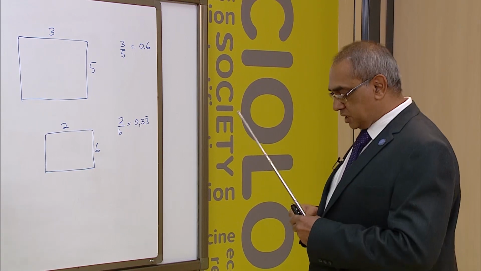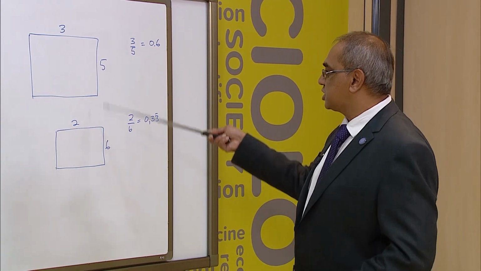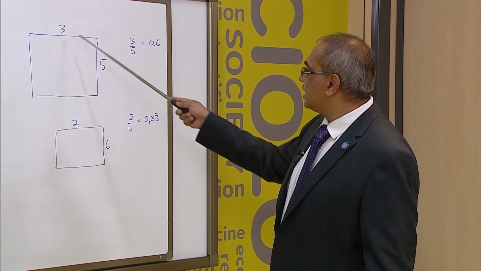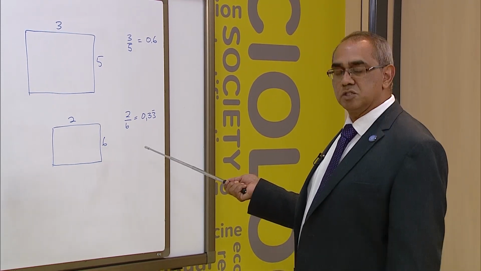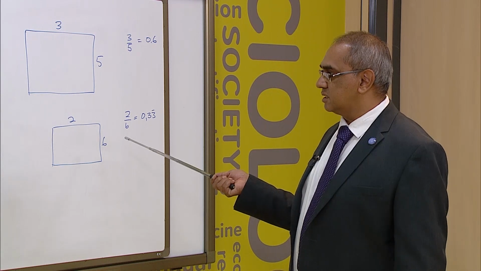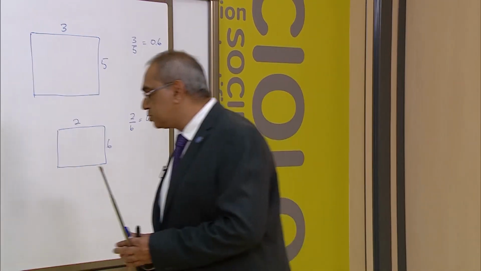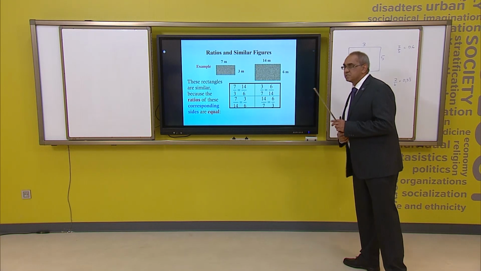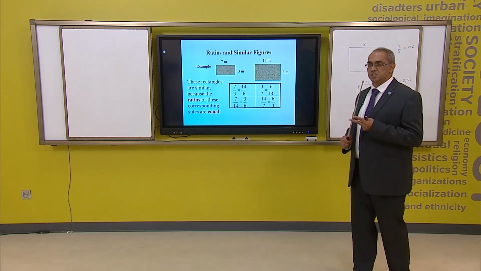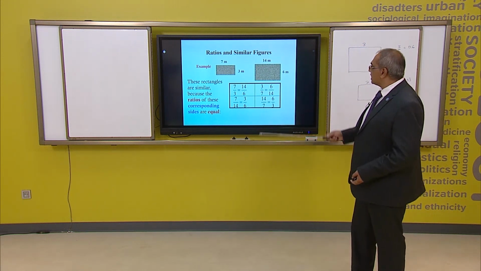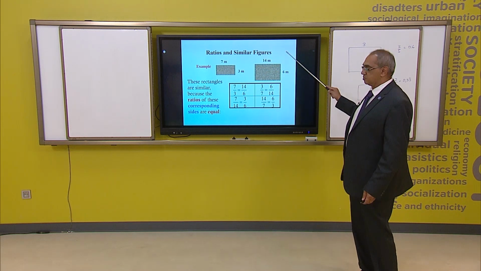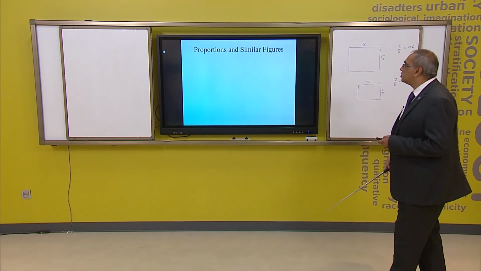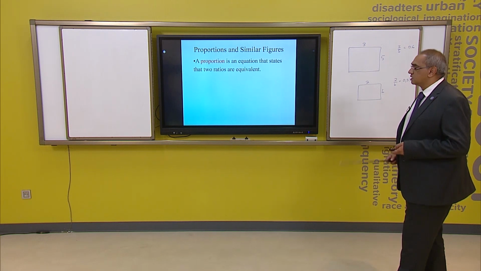So although they look similar, they have the same shape and the same angles, the ratios are not equal, which means these are not similar objects. All right? So for similar objects to have any meaning, two conditions. The shape and the angles must be the same, and the ratios must be equal. All right, so those are the key things for similar properties.